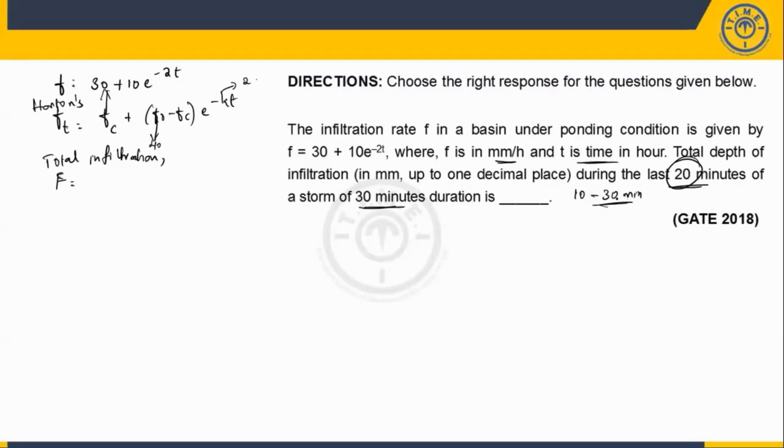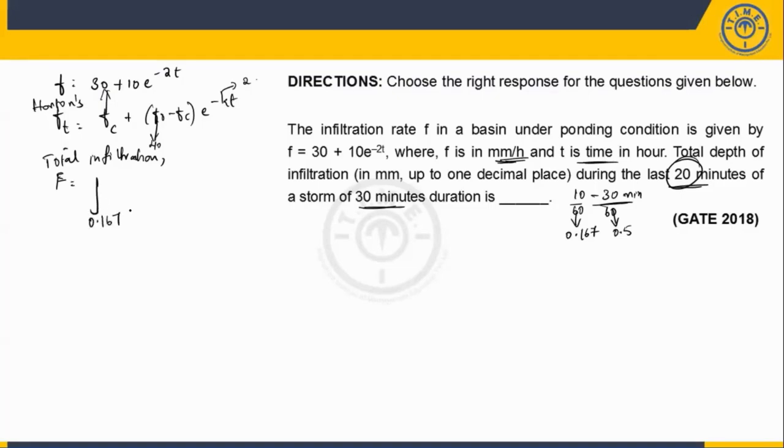Here everything is in mm per hour, so let's convert the minutes to hours. What is 10 by 60? 0.167. And 30 by 60 is 0.5. So let's integrate with the limits.